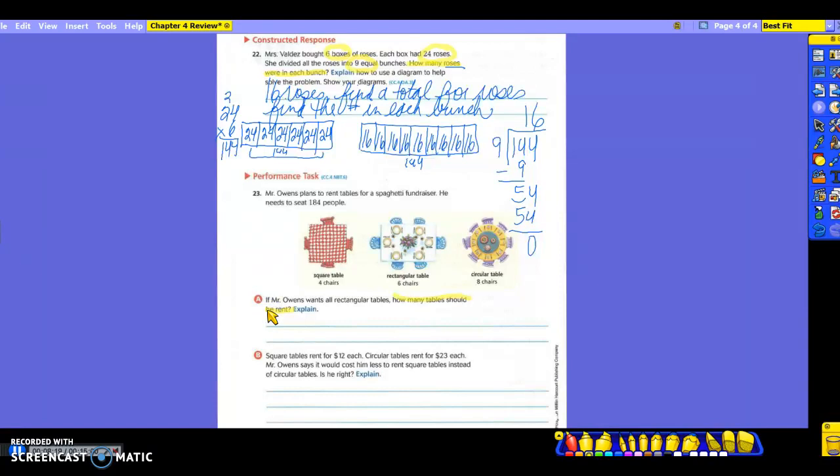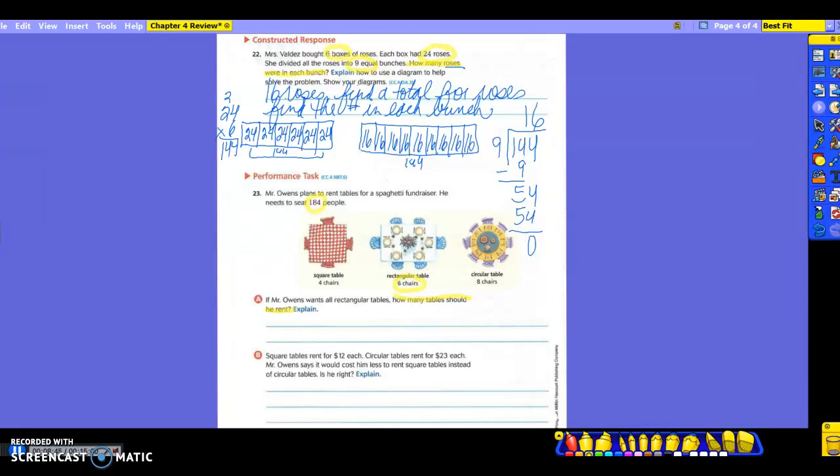Now, someone tell me, what am I going to be needing for my problem here? Where am I going to get the numbers I'm needing? Okay, so I need all of the people that are coming, right? And the chairs at a rectangular table, which is 6 chairs.